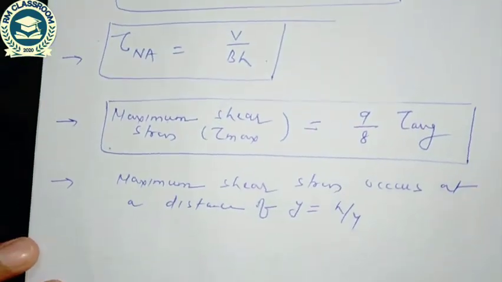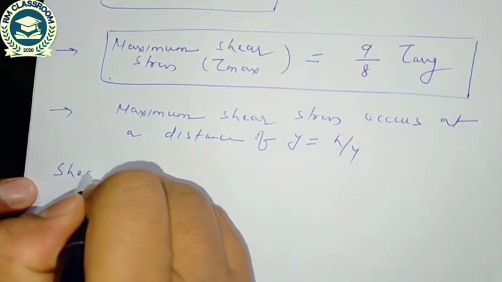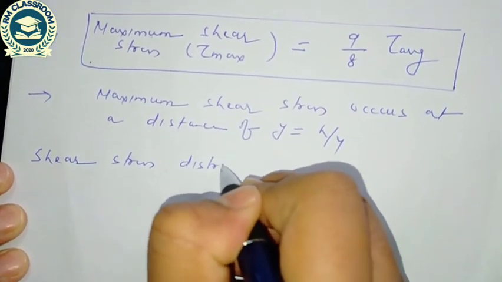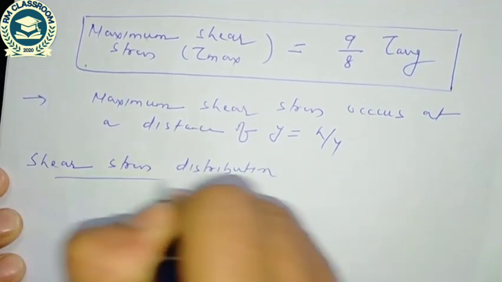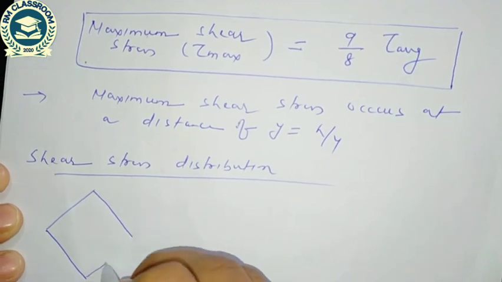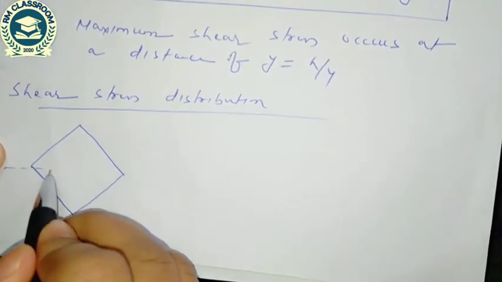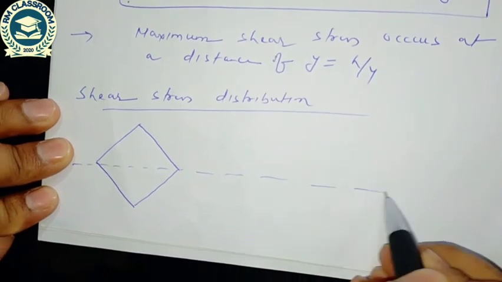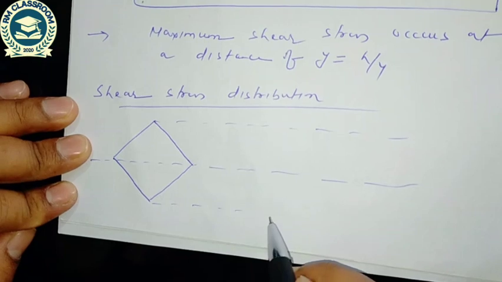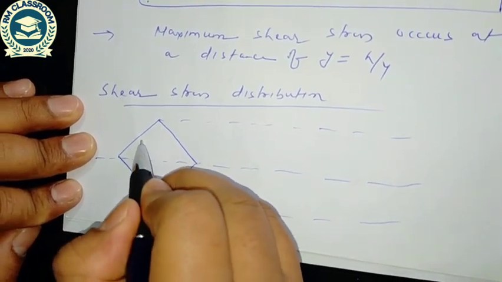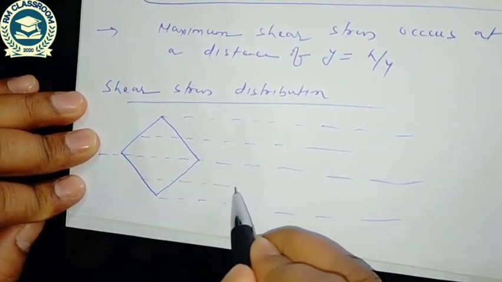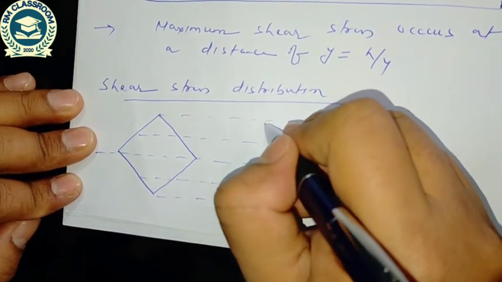So if I draw the distribution, shear stress distribution for a diamond section or a square section in which one diagonal is horizontal. So this is the neutral axis, and the maximum shear stress occurs at a distance of h by 4.